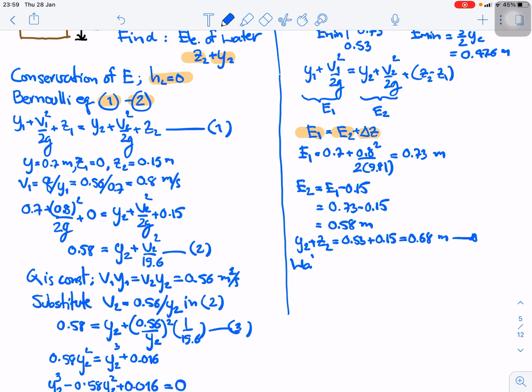So if we compare to point 1, the water level drop is equal to 0.68 plus the 0.15 subtract 0.7, so we got about, okay, it's a water drop compared to the first section.